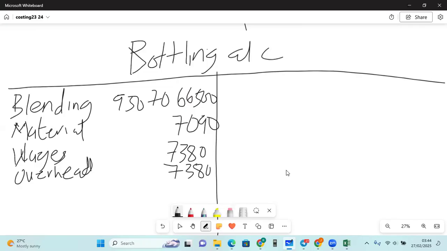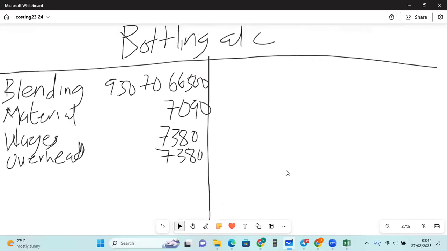But you say it is absorbed 100%. Now, leave it like this.